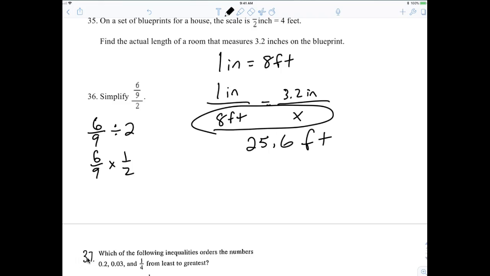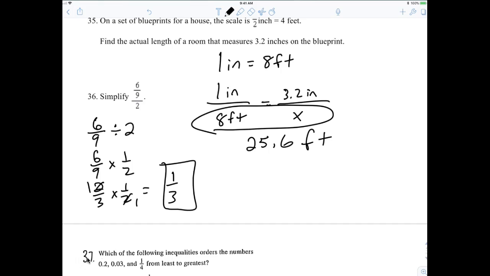Now, can anybody reduce 6/9? 6/9 reduces to 2/3. So 2/3 times 1/2. The answer is 1/3. But I was going through simplifying the fractions.